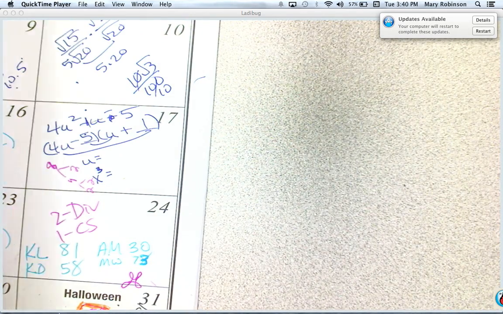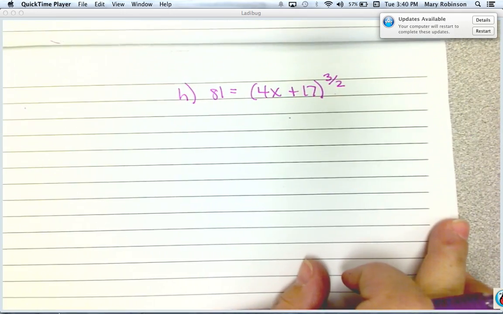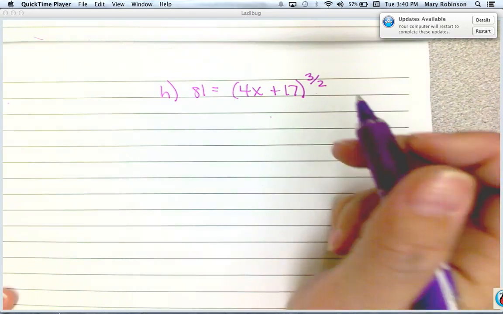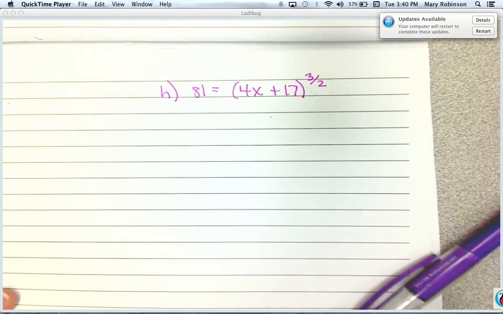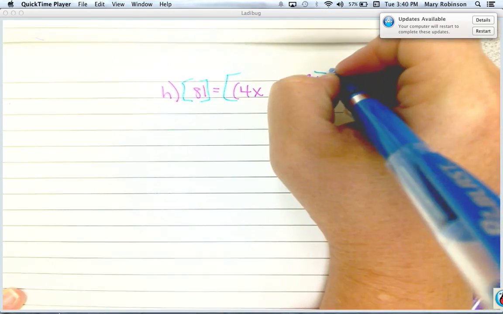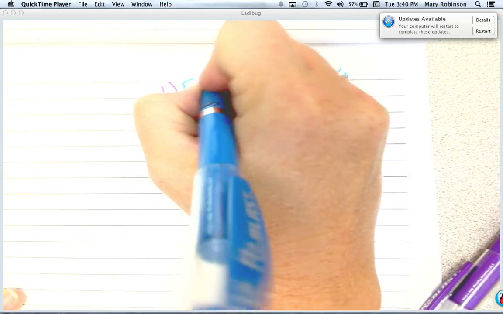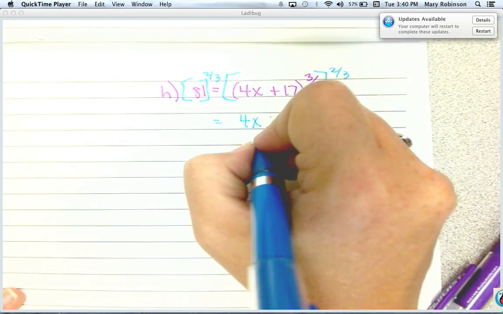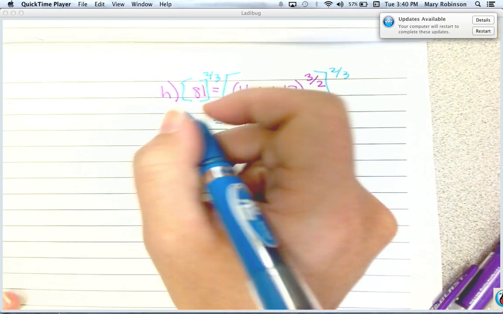All right, next, moving on to h, we have 81 equals the quantity 4x plus 17 to the 3/2 power. Similar to what we just did in the last problem, we want to raise both sides to the 2/3 power. By doing that, it eliminates this rational exponent altogether.